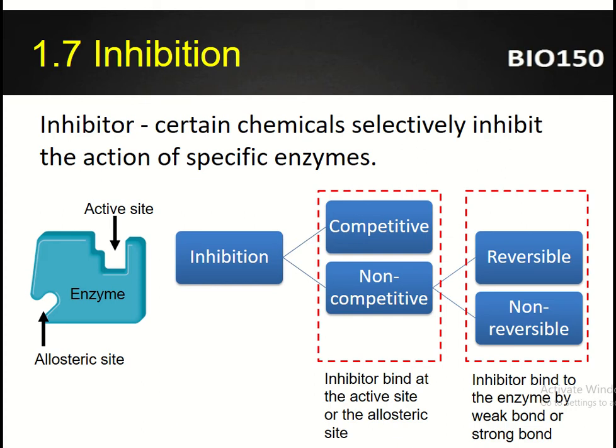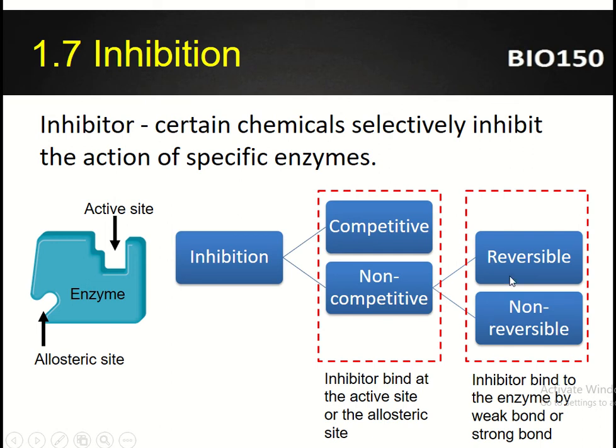If the inhibitor binds to the active site of the enzyme, that is known as competitive inhibition. And if the inhibitor binds to the allosteric site of the enzyme, it is called non-competitive inhibition. And non-competitive inhibition can be divided into two types.